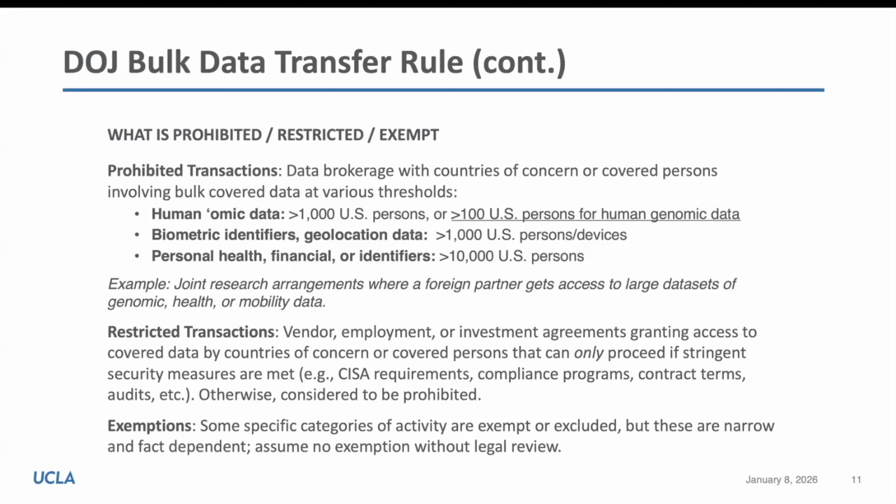I think a lot of higher education institutions are still trying to digest this rule, getting legal input either from outside counsel or inside counsel, and from professional organizations as well. But very broadly, and this isn't all of the data that's included there, especially under the first bullet point, human omic data, it goes into details on what that entails.